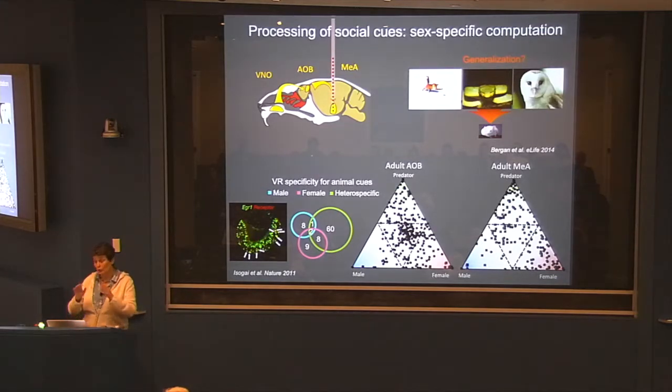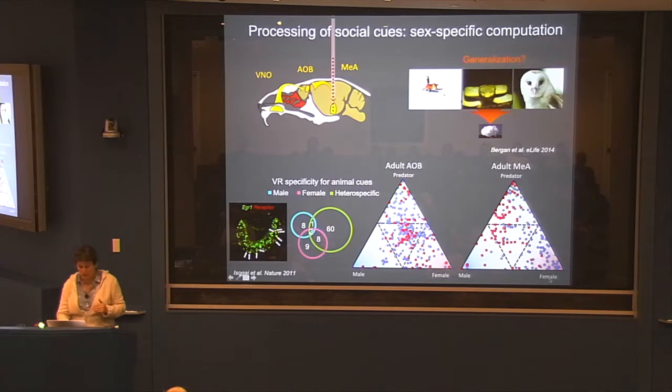And that is when we looked at these plots according to whether we recorded from a male brain or a female brain. Here are the data. The red dots are units that were recorded from a female brain, and the blue dots are units recorded from a male brain. You can see that in the accessory olfactory bulb, more or less, the blue and the red dots are intermingled. However, in the medial amygdala, the two sets of blue and red dots are completely distinct.